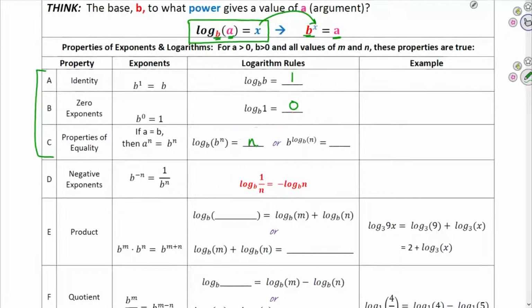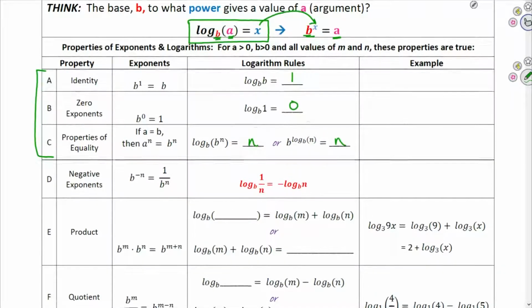Or written differently, this one looks kind of funny, but b to the power of log base b of n is n, because log base b of n is asking b to what power is n, and you're raising b to that power, and so you get n. That was really dense, but that's it.